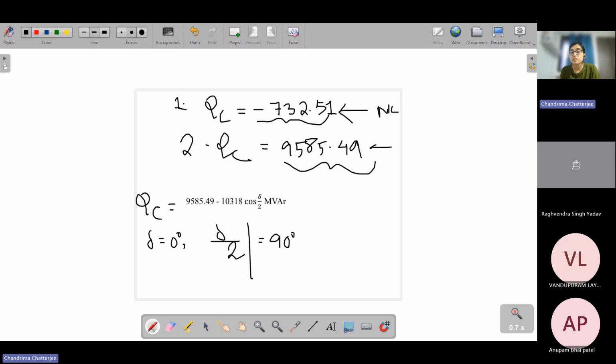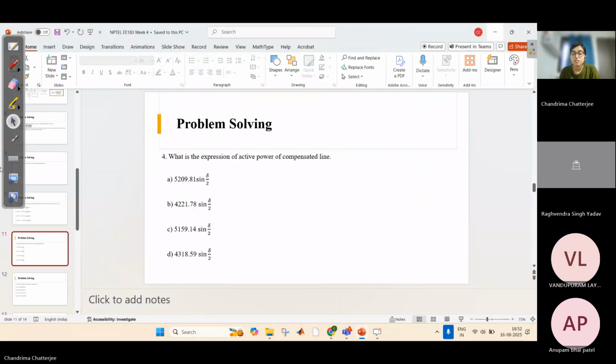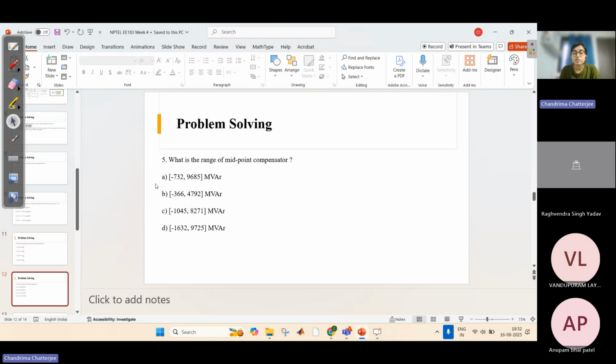That's why this is positive. Okay, this is at rated load. So this will be the range of QC. Okay, this is the range of QC. The first option, minus 732 and 9585.